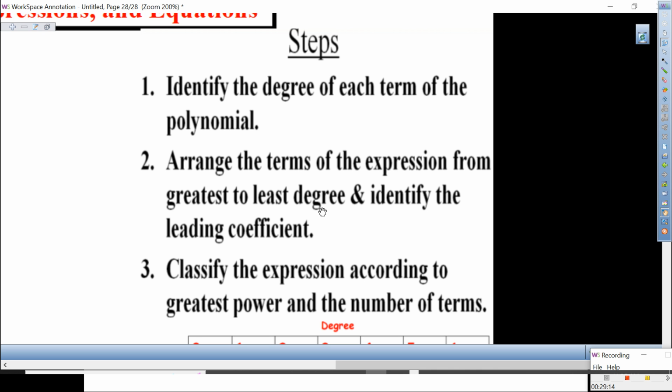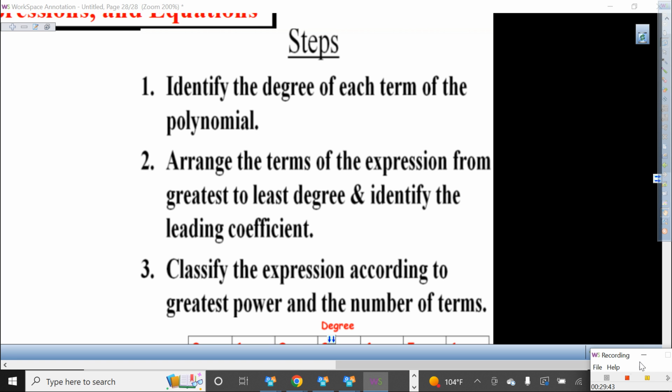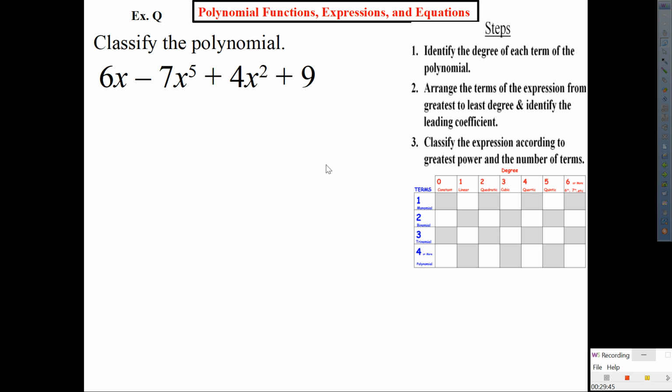This is what we call standard form. And identify the leading coefficient. And number 3, classify the expression according to the greatest power and number of terms. Example Q says, classify the polynomial 6x minus 7x to the 5th plus 4x squared plus 9.